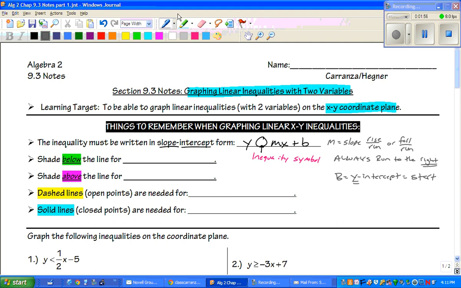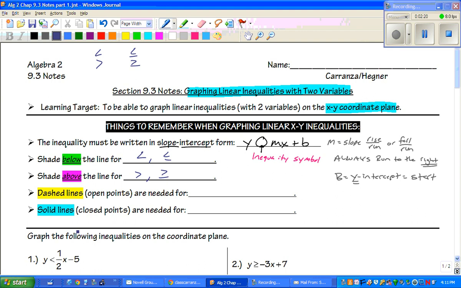Now, inequality symbols. You guys should remember these are all the inequality symbols. The ones that mean below are less than or less than or equal to. If it's above, it's greater than or greater than or equal to.